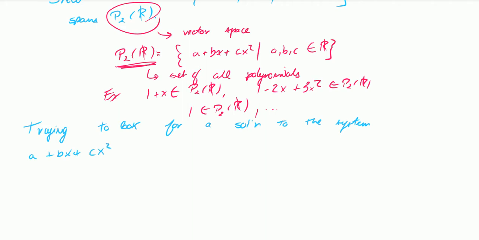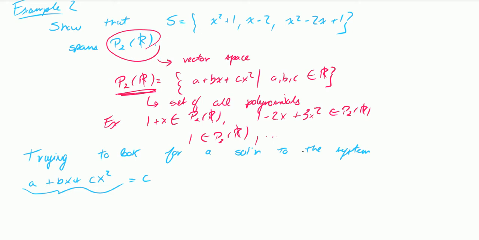This is just my general representation of any polynomial in P2R. So that's my left-hand side. I'm trying to see if that can be equal to a linear combination of the three elements I have in S.